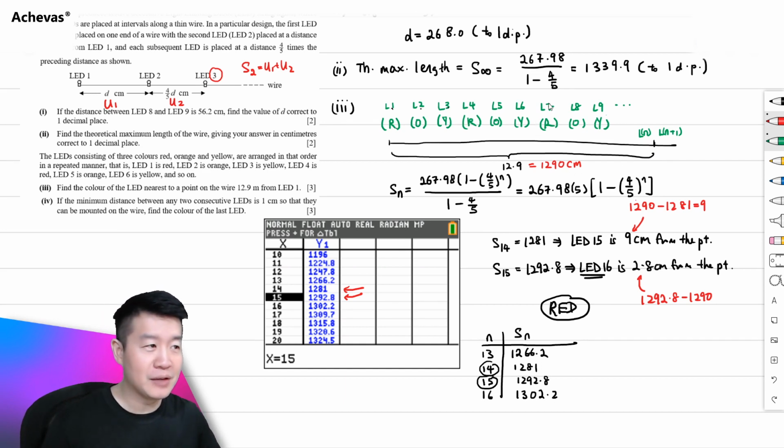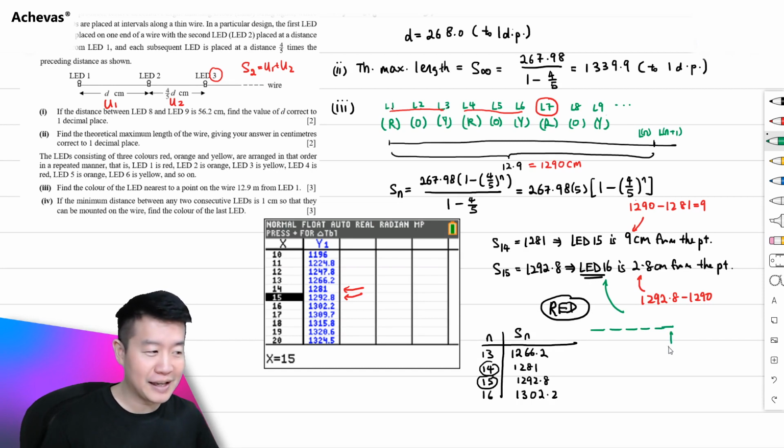Okay, for example, if it is L7, I know every 3 times it's going to repeat. So L7 will be red color because when it is L6, it is at Y. Your multiples of 3, correct? Which means that if I talk about L16, there will be 15 of the 3s.